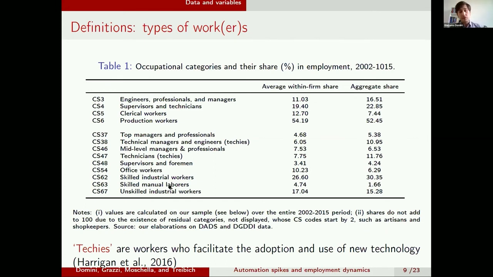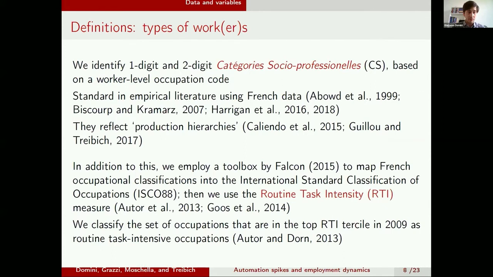And then, of course, if we go to the 2-digit level, we get some more specific categories. Among the 2-digit categories, we are particularly interested in CS38 and CS47 because these are the categories that Harrigan et al. 2016 define as techies, meaning workers that facilitate the adoption and use of new technology. And given our research question, these are, of course, workers that we want to focus on particularly.